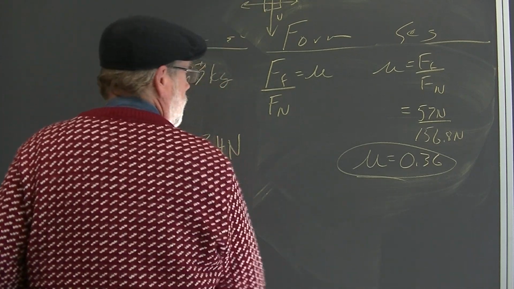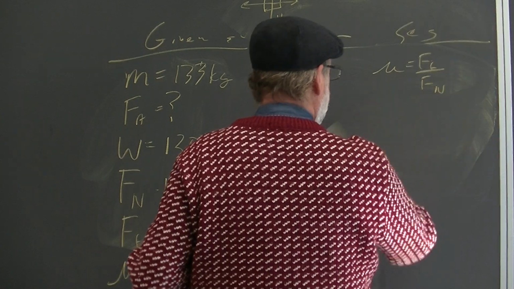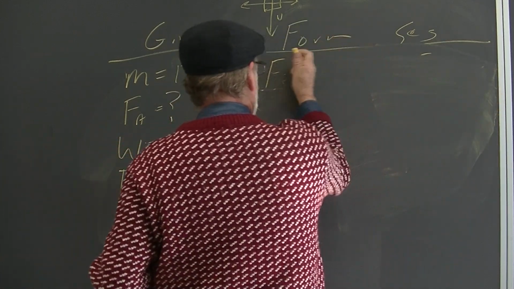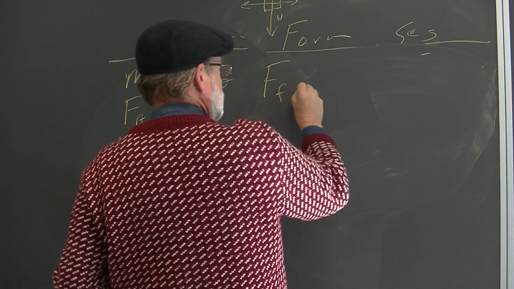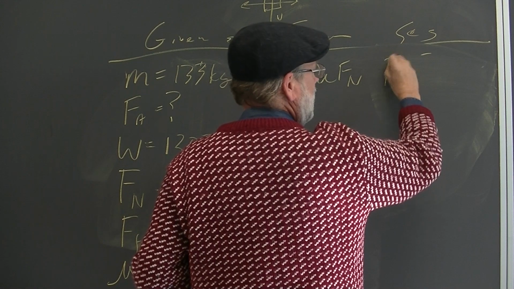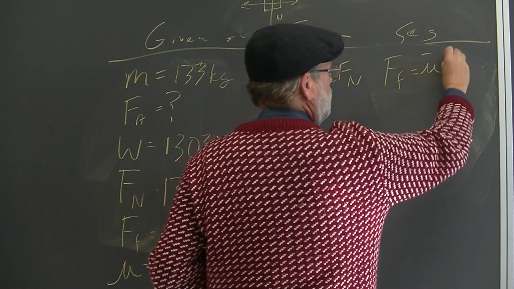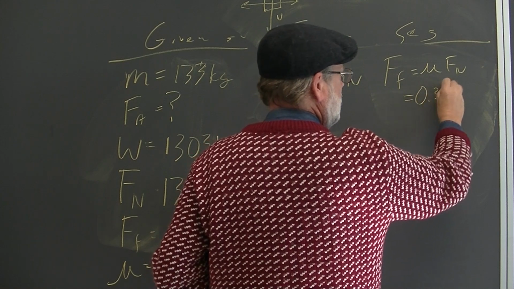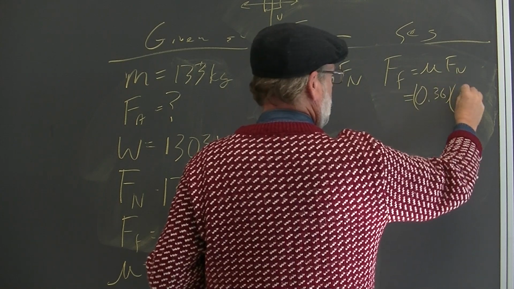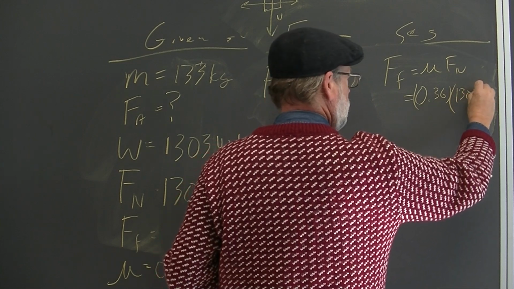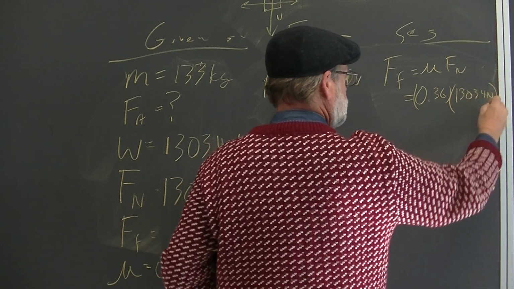Okay, so now, next equation: F sub f equals mu F sub n, don't even need to mess with it. F sub f equals mu F sub n equals 0.36 times 1303.4 newtons.